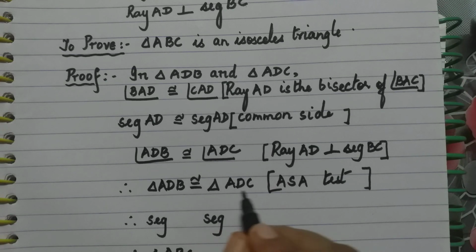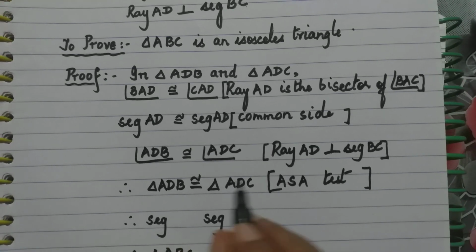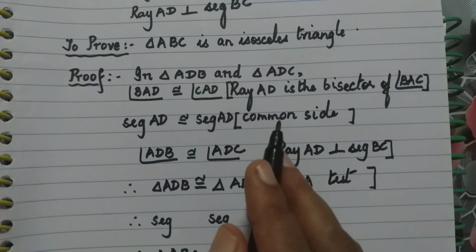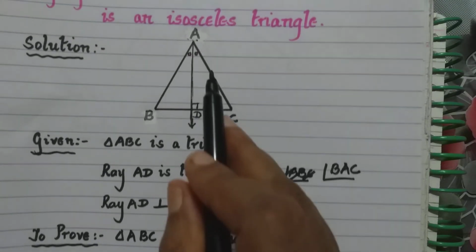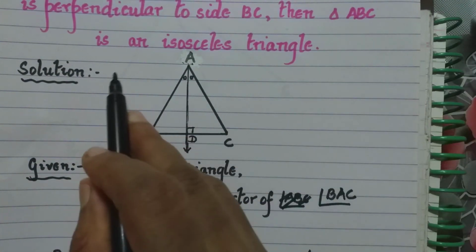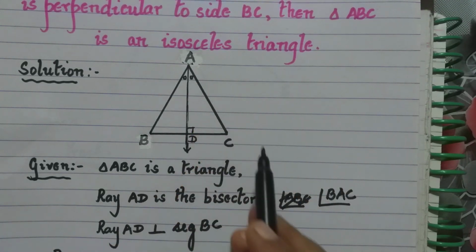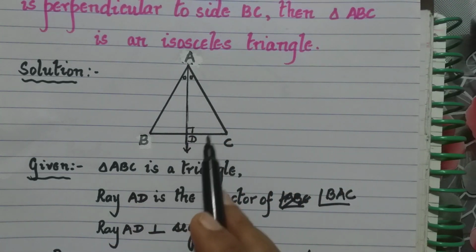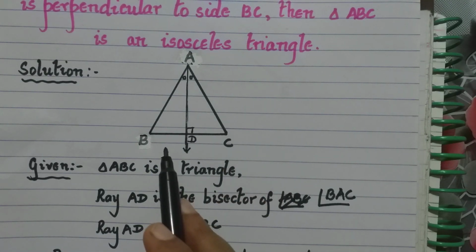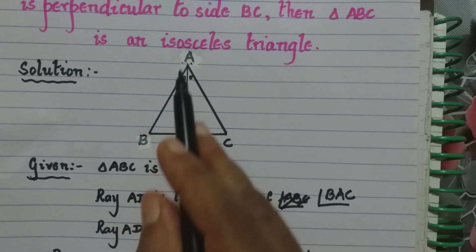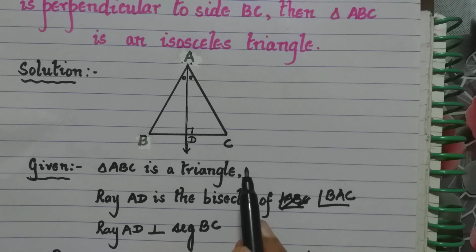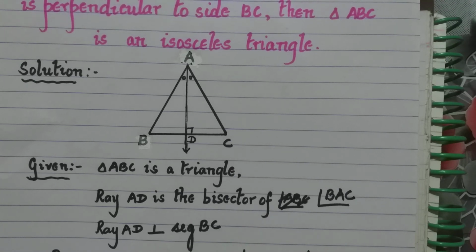Now once we said they are congruent, we have to prove that triangle ABC is an isosceles triangle. Now look at these two triangles. We took triangle ABD and triangle ACD. Therefore, segment AB also will be congruent to segment AC, right?